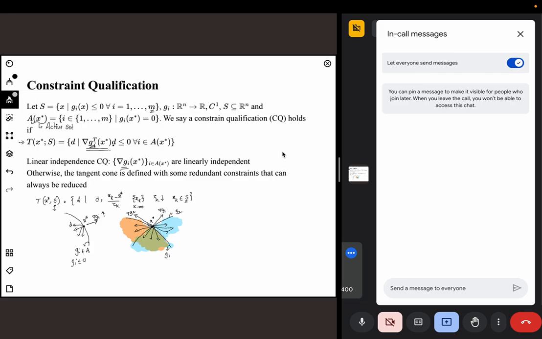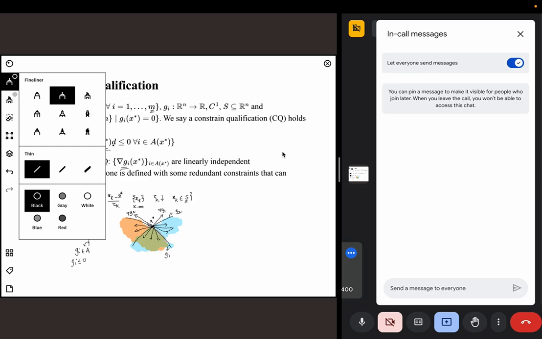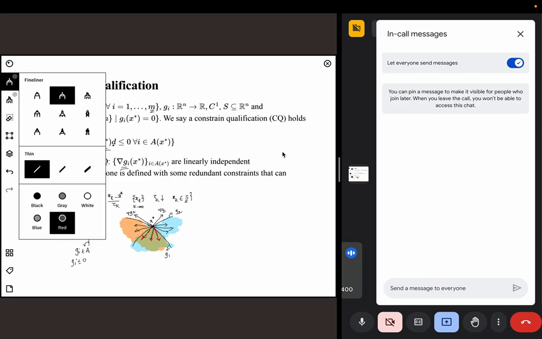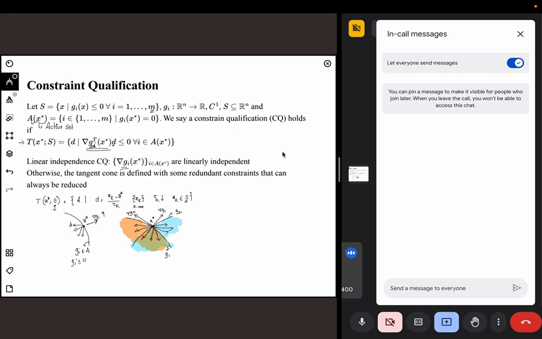These vectors. Maybe I should have used a different color. Only these vectors will satisfy that particular constraint, and they are the ones that will form the set of this tangent cone. But for this, the main criterion we require is that this intersection region is formed by both G1 and G2, which means both are required to define these particular vectors.